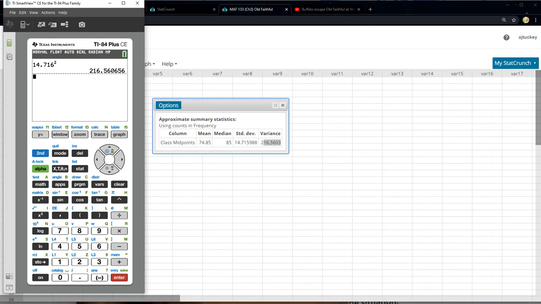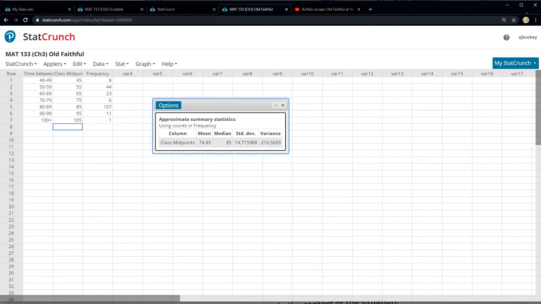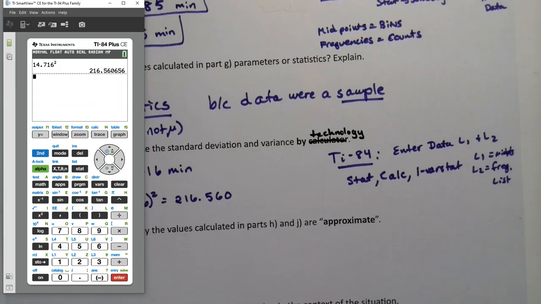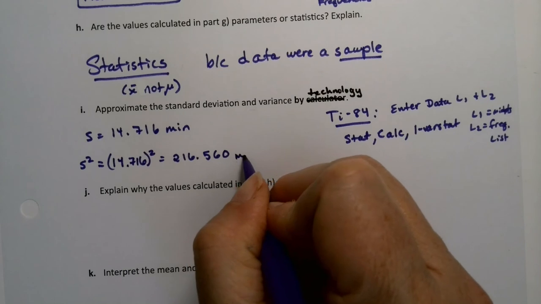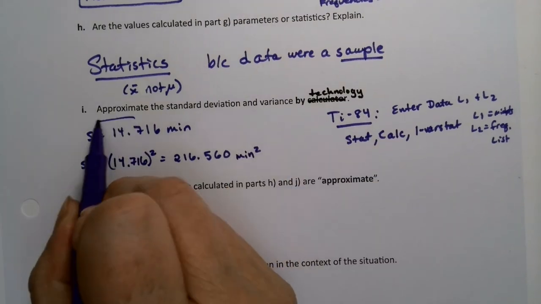So you lose a little bit of decimal places if you use the calculator. StatCrunch is a bit more accurate because StatCrunch didn't have the rounding issue. Because when we're doing this in calculator, of course, we rounded to 716. There were more decimal places there. But StatCrunch is keeping all those decimal places with the 216.560. Now, granted you could write or type more decimal places into the calculator if you so desired. That's up to you. Okay, so that would be minutes squared.